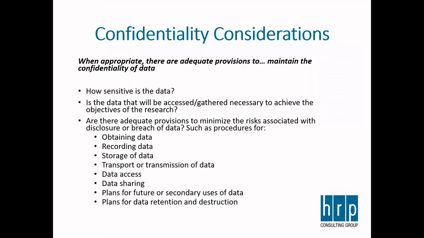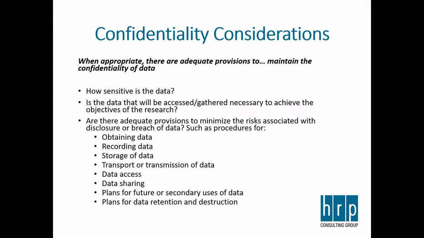So here are some items that the IRB may consider when determining if there's adequate provisions in place to maintain the confidentiality of data. So first, the IRB is going to wonder, well, how sensitive is the data? Again, the more sensitive the questions, the more security measures that are going to need to be in place to maintain confidentiality.